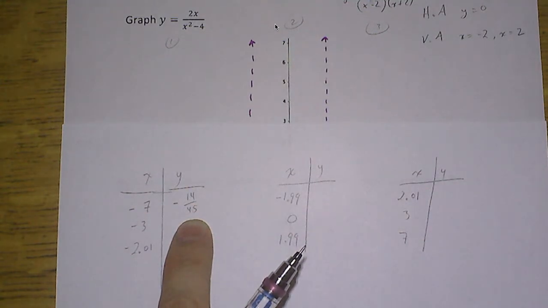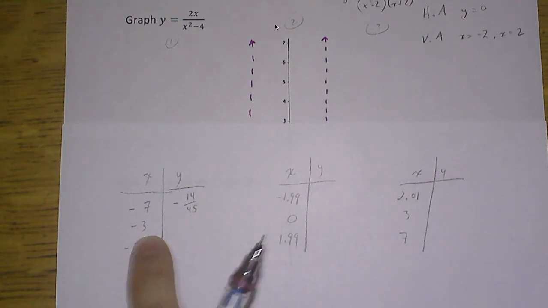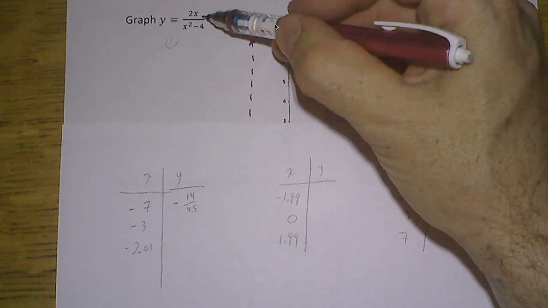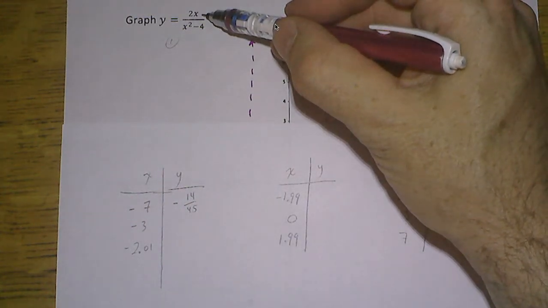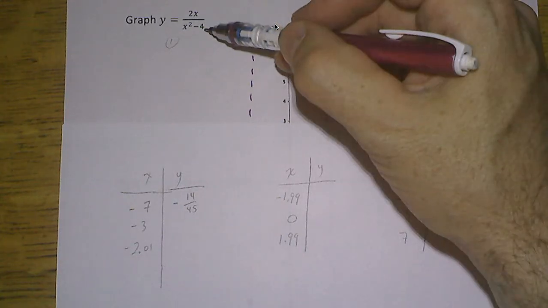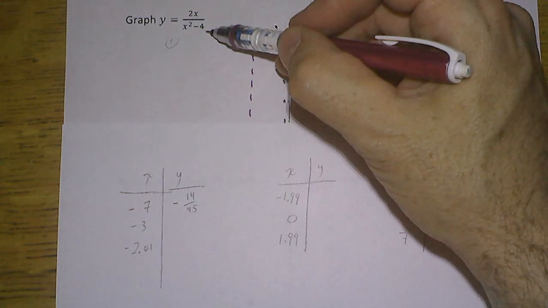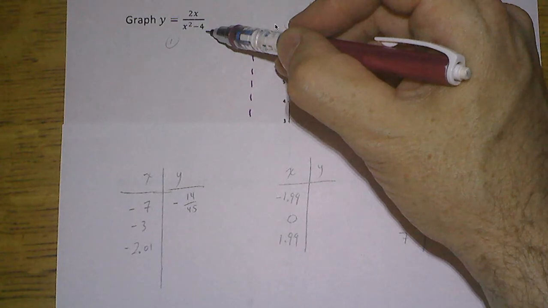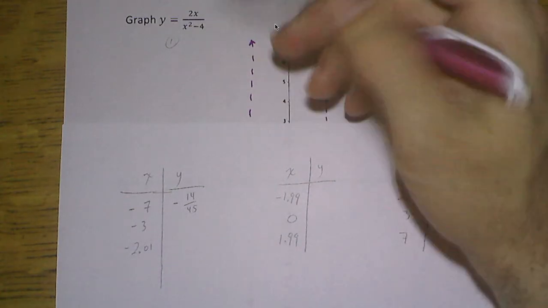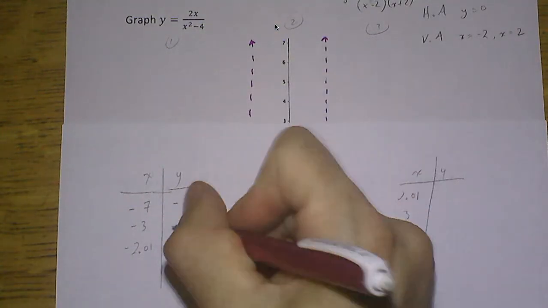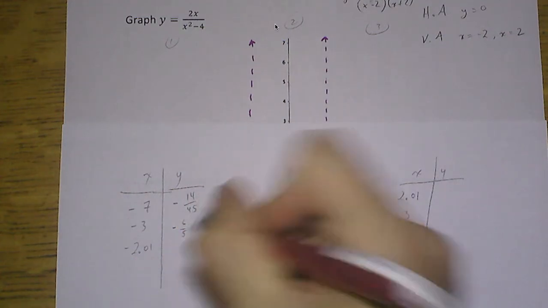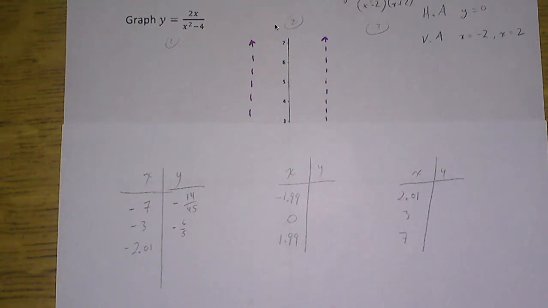You don't need to know negative 14 over 45. If x is equal to negative 3 and I plug it in here, the numerator is negative 6. The denominator is 5. So I get negative 6 over 5, which is approximately negative 1.